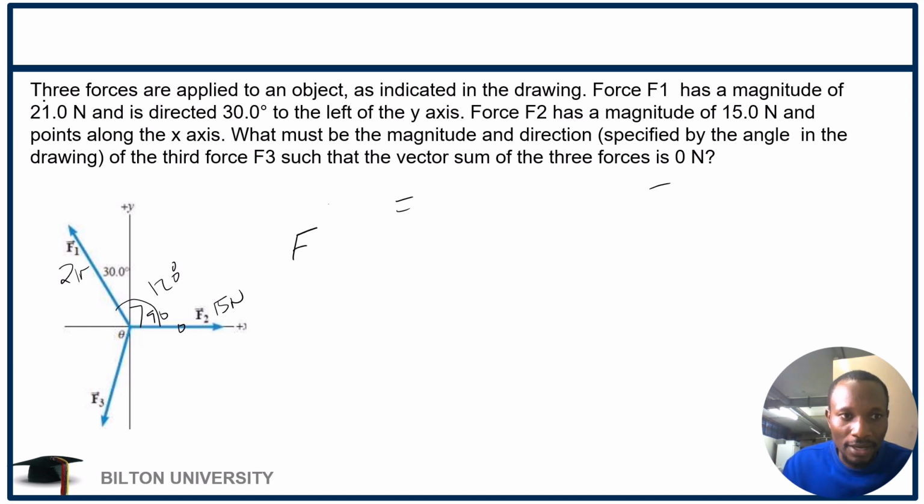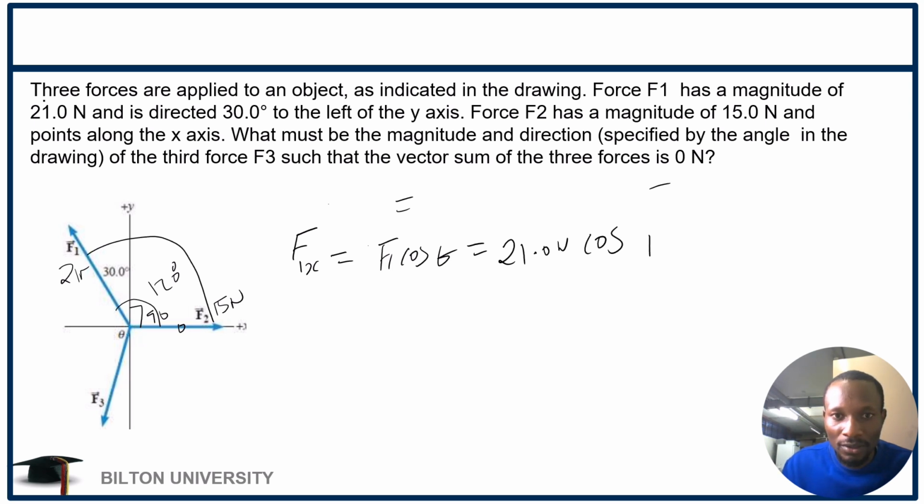F1 makes this angle, so the X component is F1 cos theta, which is 21.0 Newton times cos 120, because it makes this angle. 21 cos 120 gives us minus 10.5 Newton.